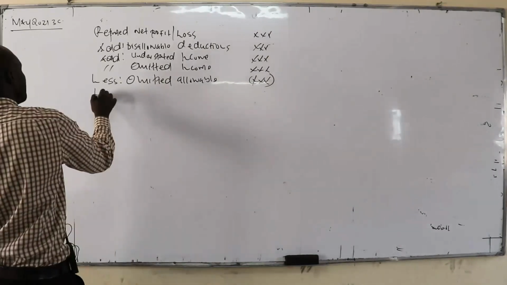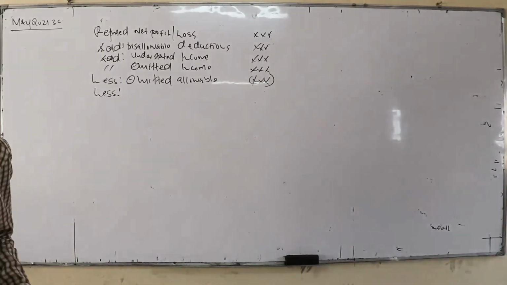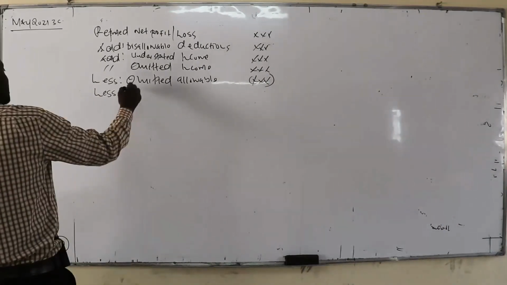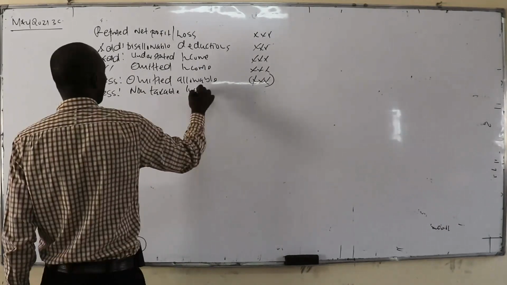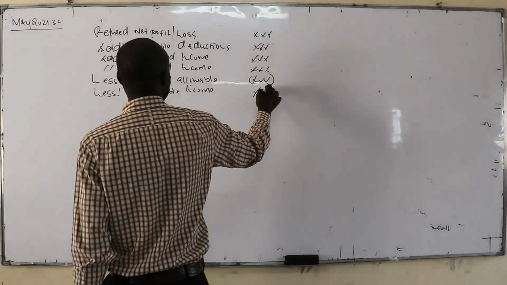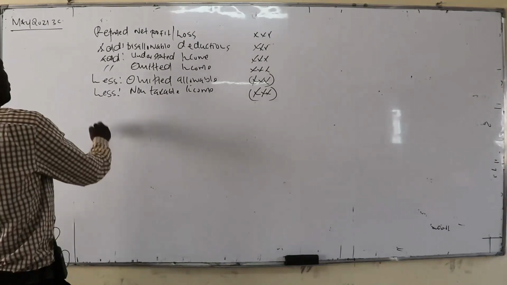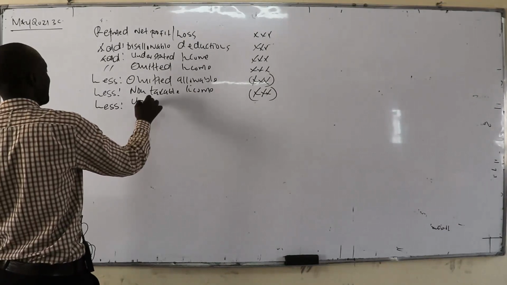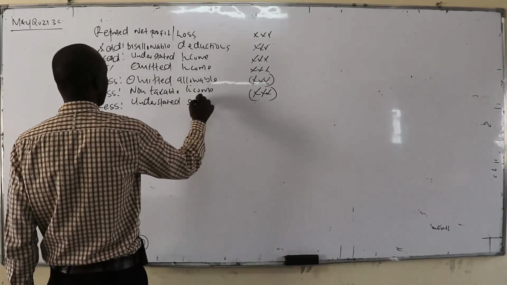And then you less non-taxable income. If you are given net profit it means there are incomes and there are expenses, right? So you go to the income section, identify non-taxable income, and you less it here. And then you less understated expenses.